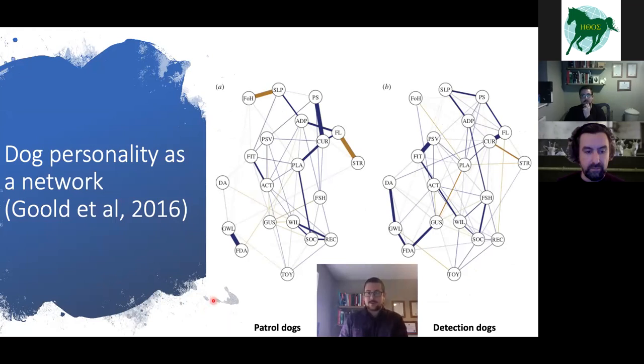The results suggest that perhaps this playfulness variable was particularly important for success in both types of roles. I'm not going to talk about that in more detail because I'm going to focus on the animal welfare setting today, but it's worth having a look at that paper if any of this interests you.